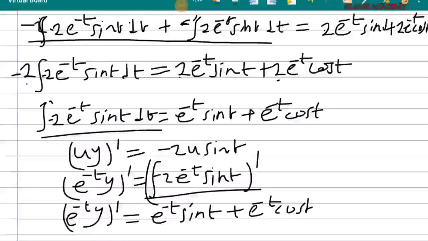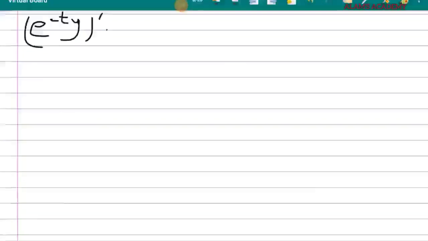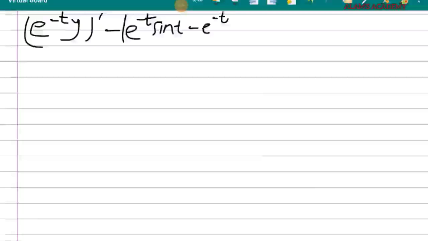Finally, we still differentiate the same thing, and this is going to be equal to, I pick it across the equal sign, then I have (e^t y)' minus e^(-t) sine of t minus e^(-t) plus cos of t all prime.